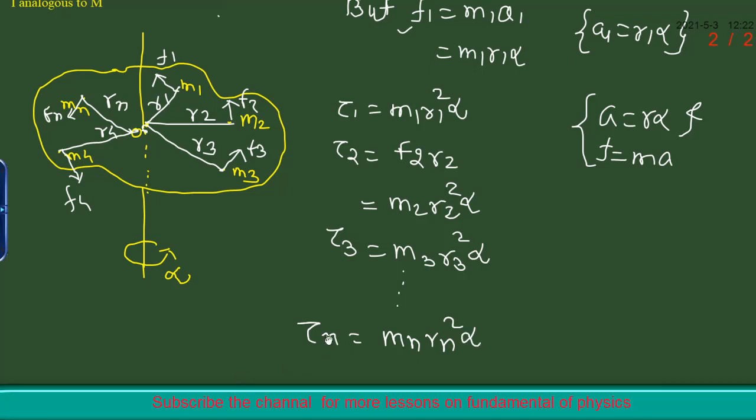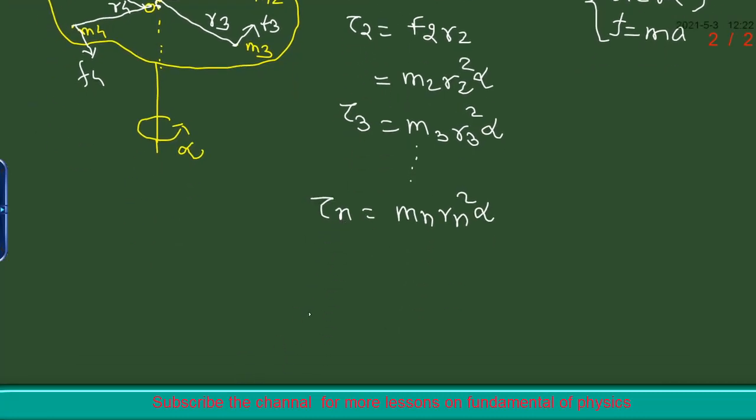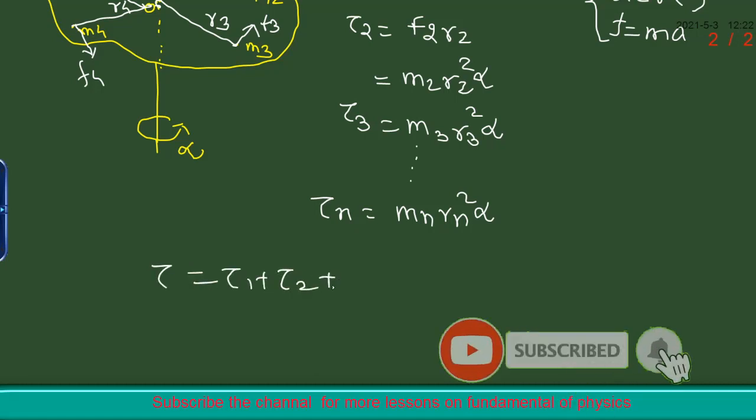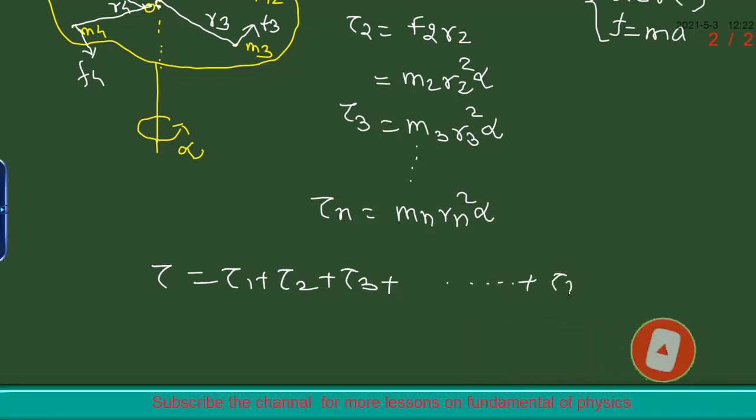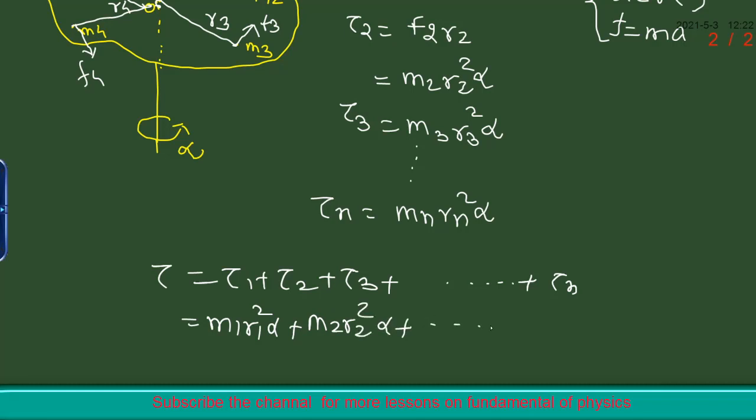Now we will find the total torque acting on the body. See, the total torque is τ, which is equal to τ1 plus τ2 and so on. Substituting these values, we will get M1 R1 square alpha plus M2 R2 square alpha plus Mn Rn square alpha.